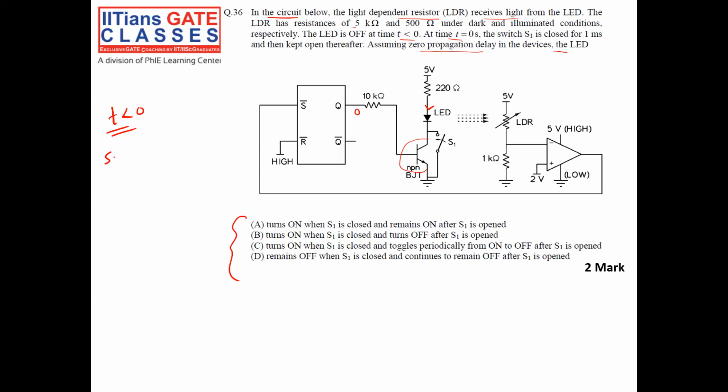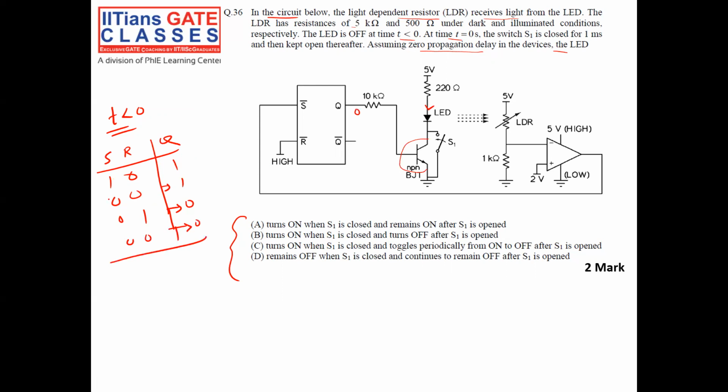Let us take an SR flip flop, and you take Q. If S is equal to 1, R is equal to 0, my output will be 1. If you then apply 0, 0, it goes to memory and the output remains 1. Again, if S is equal to 0, R is equal to 1, my output will be 0, and if we apply 0, 0, the output remains 0.